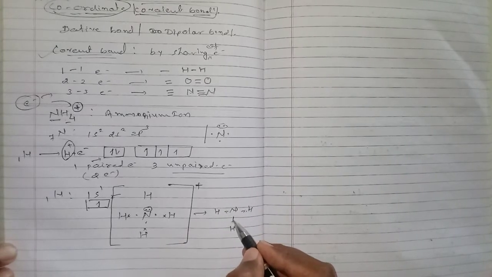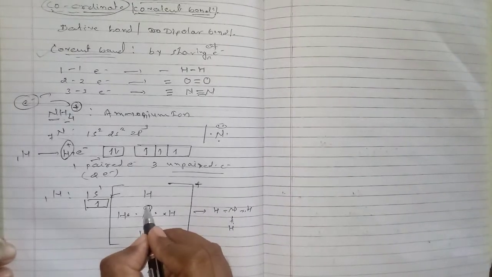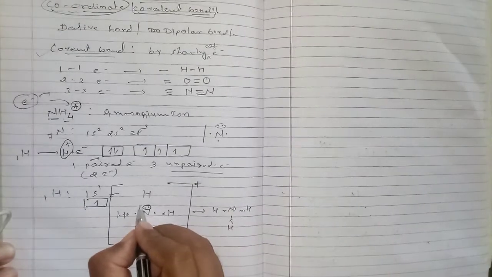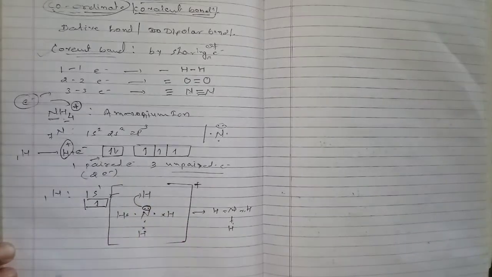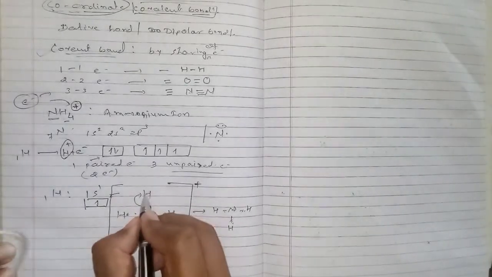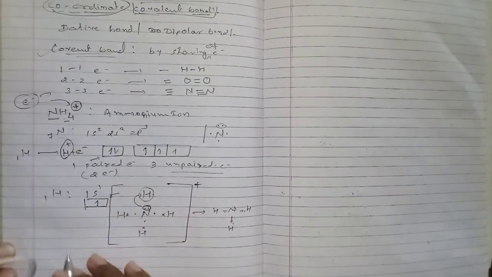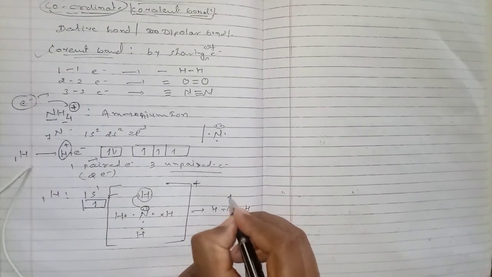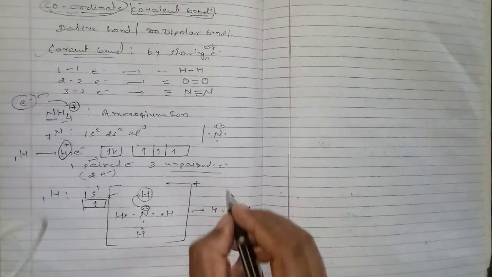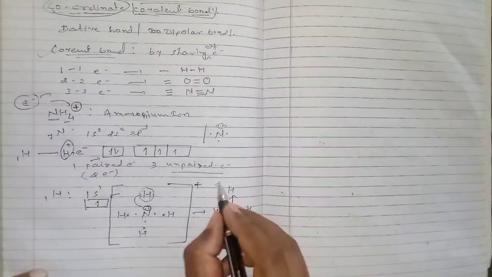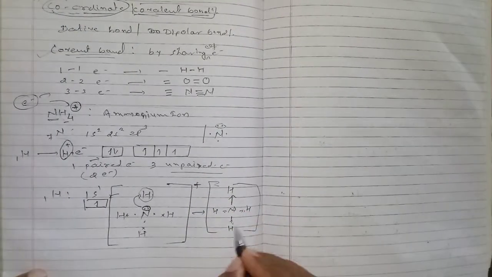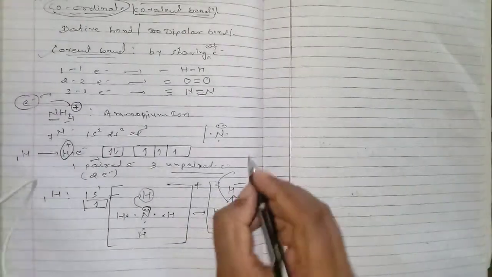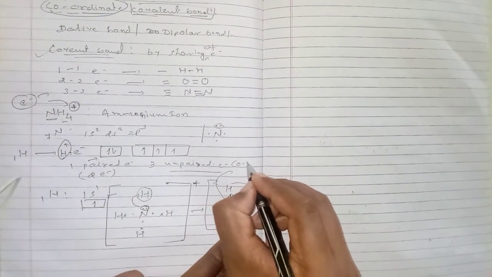The nitrogen atom is bonded with hydrogen by covalent bonds, and the electron pair is donated to the hydrogen which has no electrons, and this is indicated by an arrow. This bond is called a coordinate covalent bond.